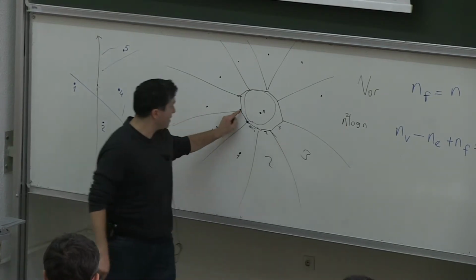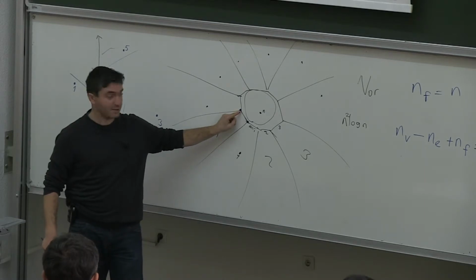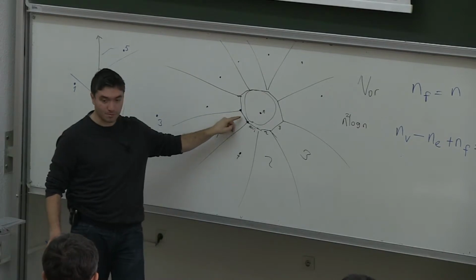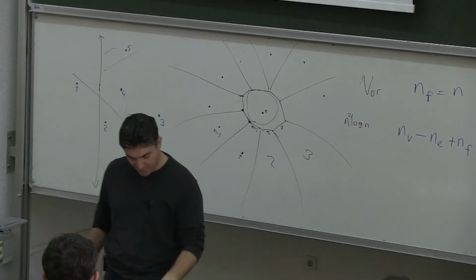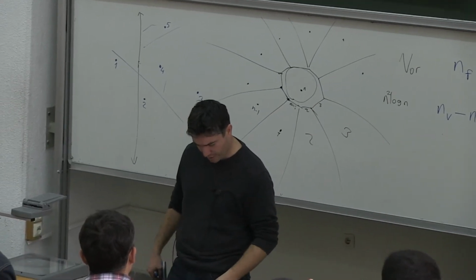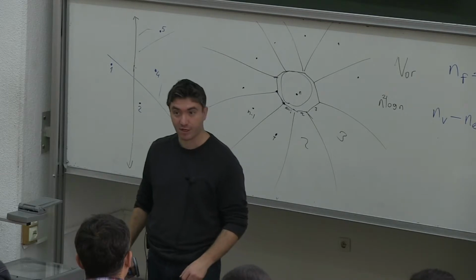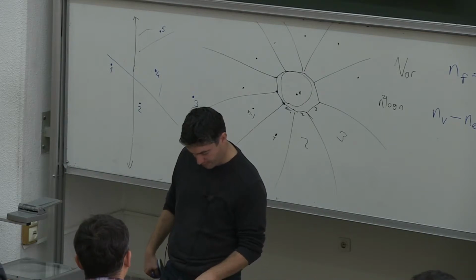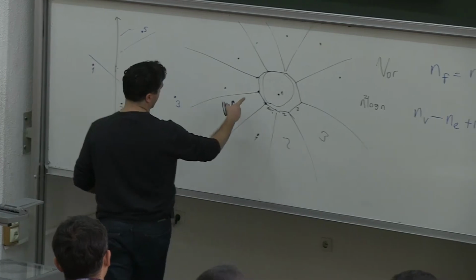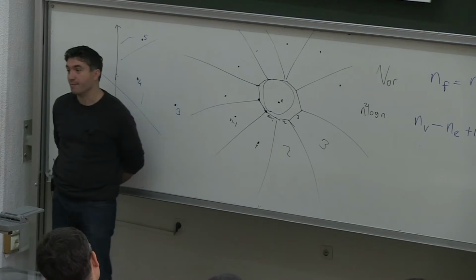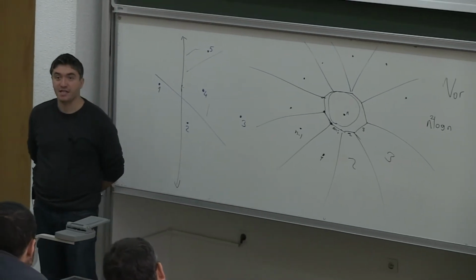So we sum the degrees of all vertices. If you know the number of vertices, and you check how many edges each vertex is incident to, and sum the degrees of all vertices, we get twice the number of edges. And another important property that we are going to use: any vertex in a Voronoi diagram has degree at least 3.